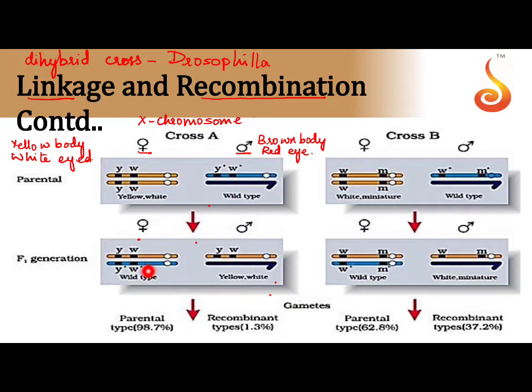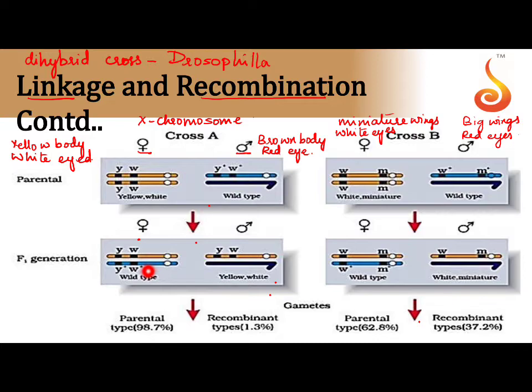In case 2, he considered again a recessive property for females, that is miniature wings along with white eyes, whereas in case of males, he considered big wings along with red eyes.